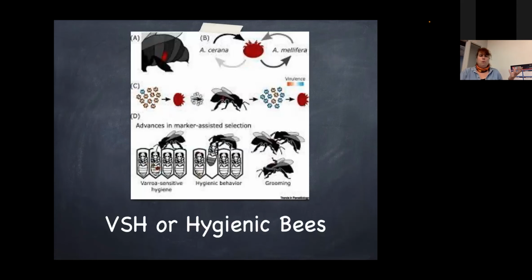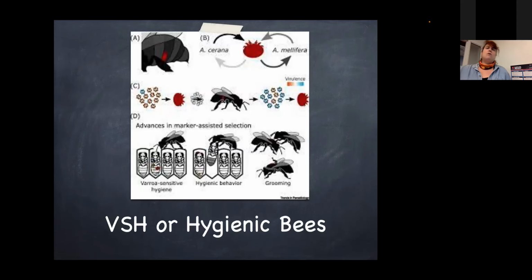So one of the things you can do in your attempts to reduce your Varroa mite load is have VSH, Varroa sensitive hygienic bees, or bees that just have hygienic behaviors. These bees have been bred so that they sense that there are larvae that are not doing well, and they'll open the caps and clean those bees out.